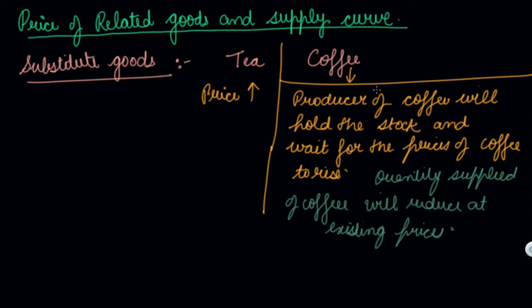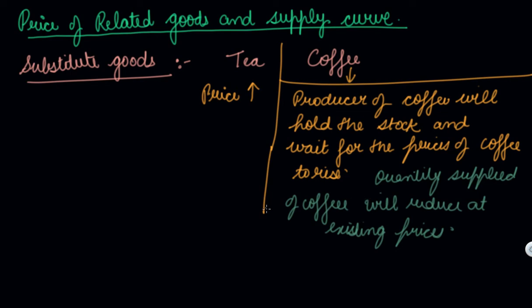He will wait for the price of coffee to come up. So when the prices of coffee do not change at that particular point of time, the producer is holding the stock with him, so it will reduce your quantity supplied of coffee at the existing price of coffee. So at the existing price of coffee, they will sell less coffee. A situation of decrease in supply, or a backward shift in the supply curve.